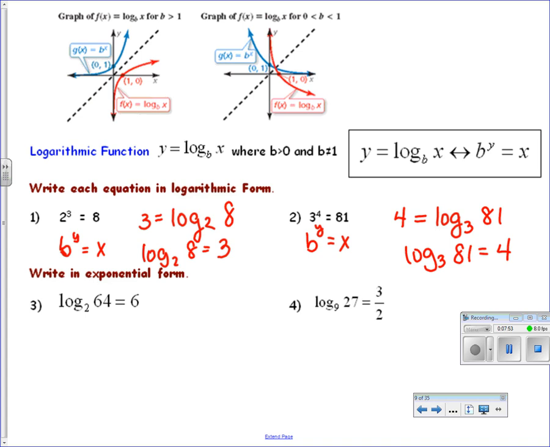Okay, could we go backwards? If something is written in log form, could I change it into exponential form? This is log base b of x equals y, and I'm changing it into b to the y equals x. What number is in the b position?